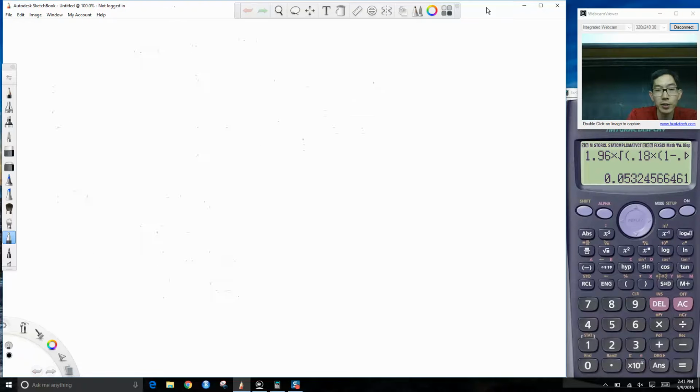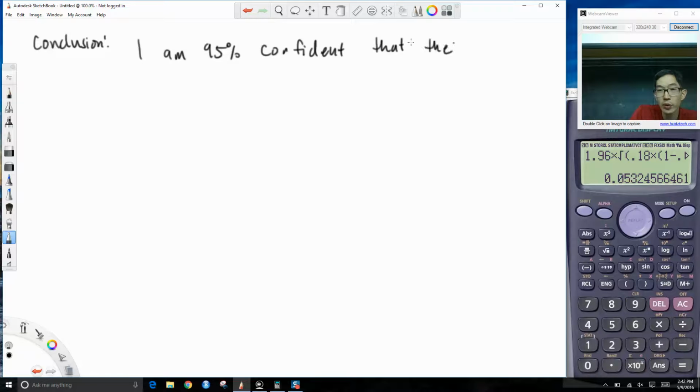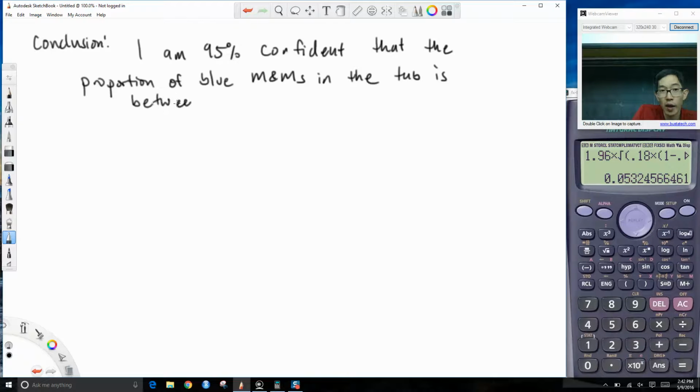Let me ask you a question here. Previously, from our M&M problem, we came to the conclusion: I am 95% confident that the proportion of blue M&Ms in the tub is between, and I think I said, 0.127 and 0.233.